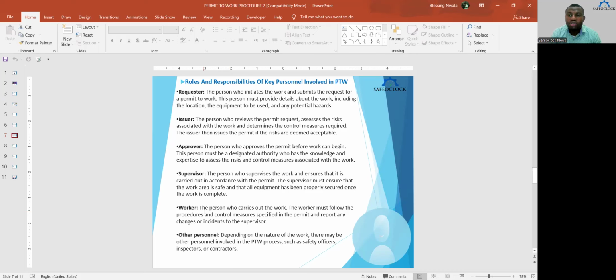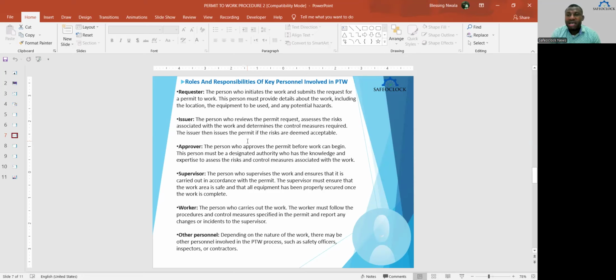So he also should know all the arrangements in the permit. He should be aware of all the conditions involved in that permit. He should also be aware of the hazards, the risk, and the control measures that have been implemented to prevent any incident.